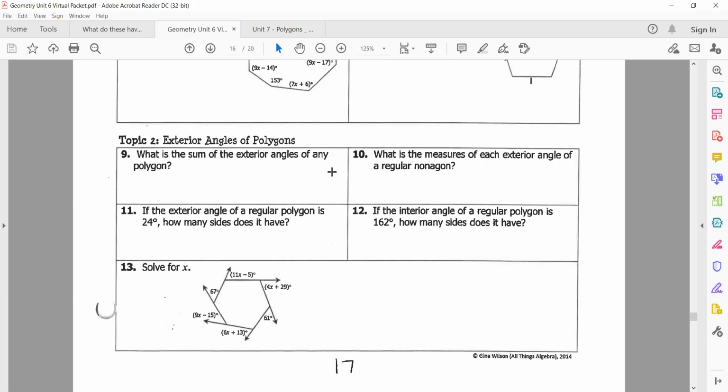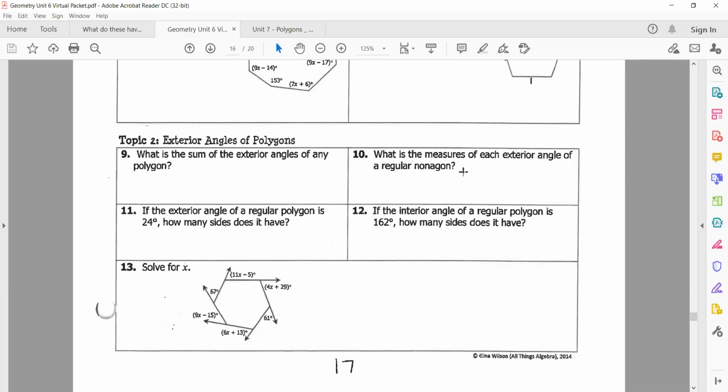So once you know the answer to number 9, the rest of these are easy. Number 10 says what are the measures of each exterior angle of a regular nonagon? Well, nonagon is 9-sided. It's a regular nonagon, so they're all going to be the same.